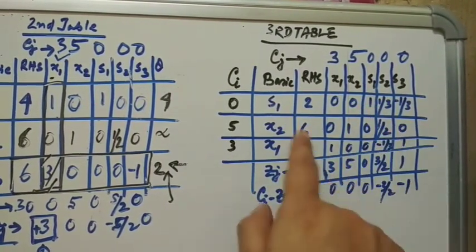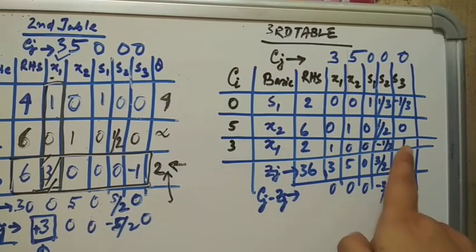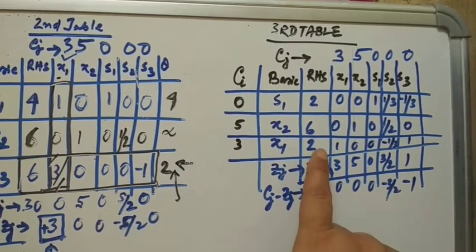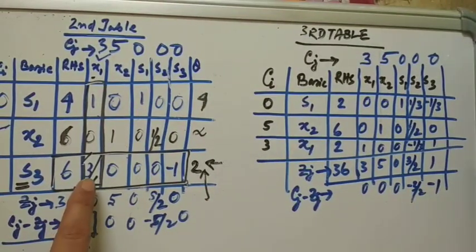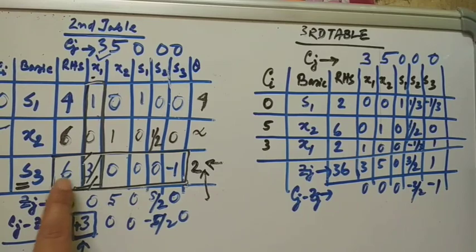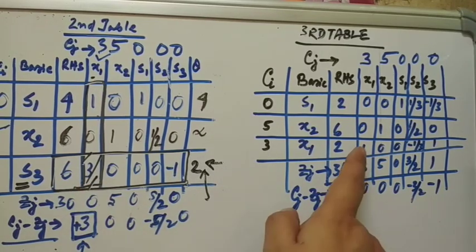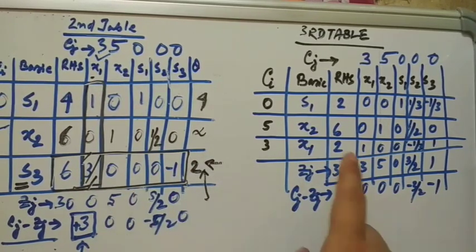Now after constructing this, we have calculated this particular key row by the same formula, dividing the key row by this pivot element. Okay, so 6 by 3, 2, 3 by 3, 1. Similarly, you can construct this total row.